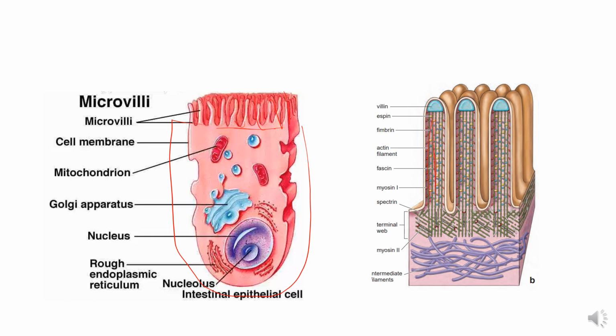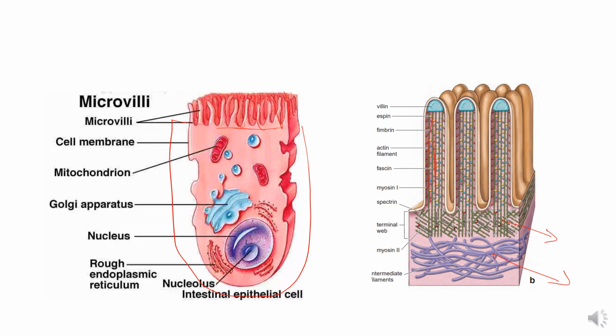They are forming the core of the microvilli, and just beneath the brush border the cell exhibits a terminal web, which is a layer of transversely oriented cytoplasmic filaments. So this is the terminal web.